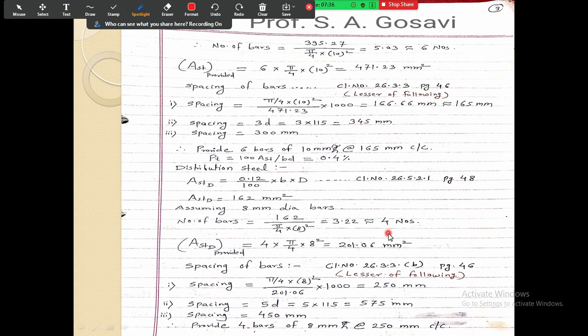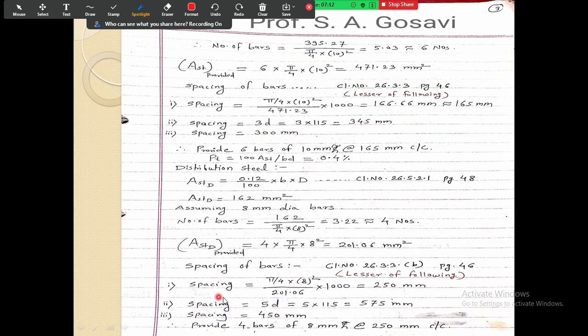You will get the number of bars. After the number of bars, you can calculate the distribution steel provided. Then spacing of bars. Again, you will see this on page number 46, clause 26.3.3b. But there is a sub clause in that B for the spacing of distribution steel.